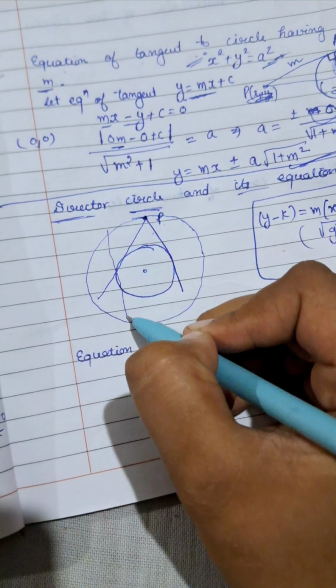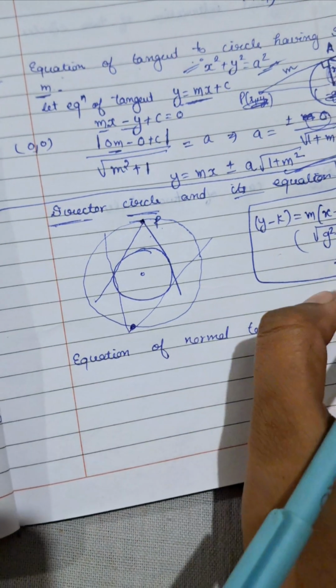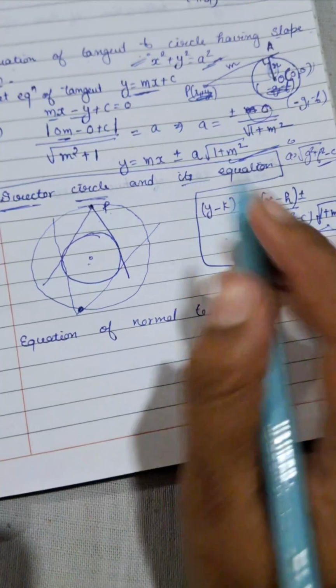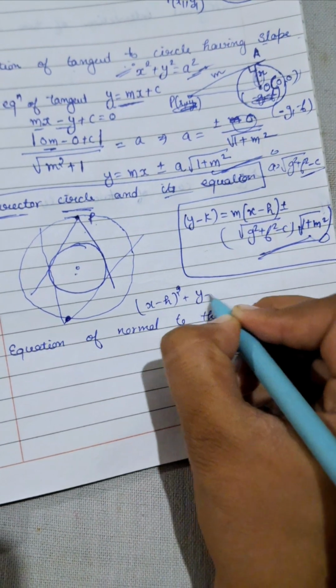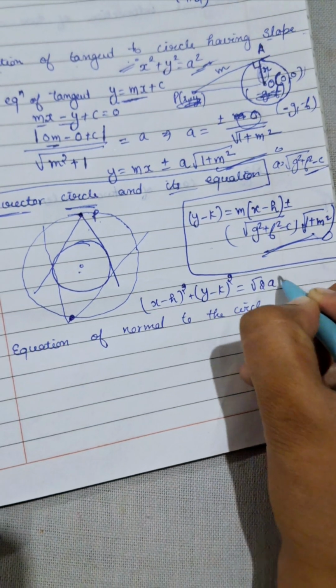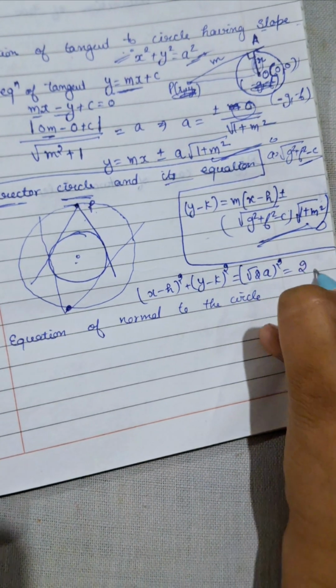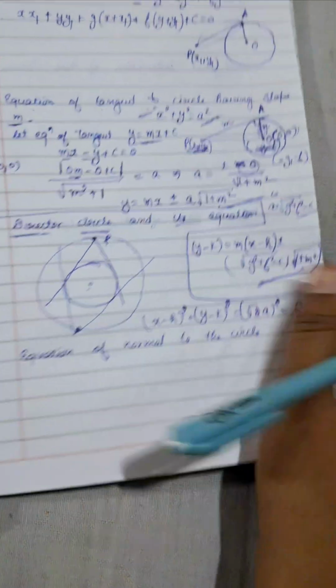Wherever I make two tangents, they will meet on the director circle, and the equation for this director circle is (x minus h) square plus (y minus k) square is equal to square root 2 times radius, that is 2a square. This is the required equation for director circle.